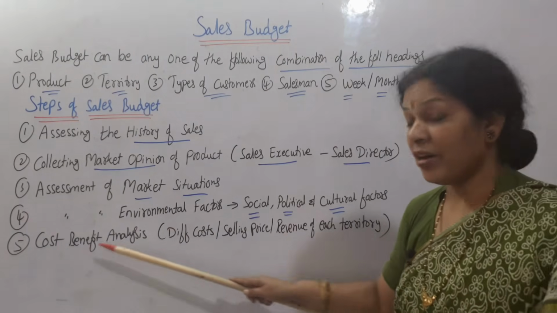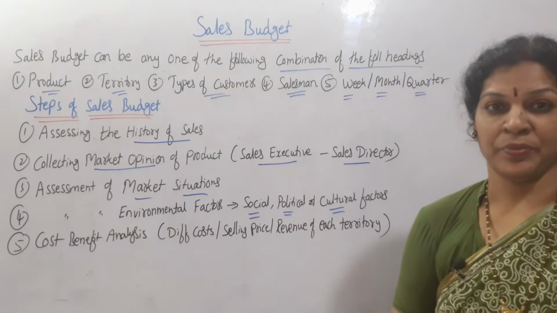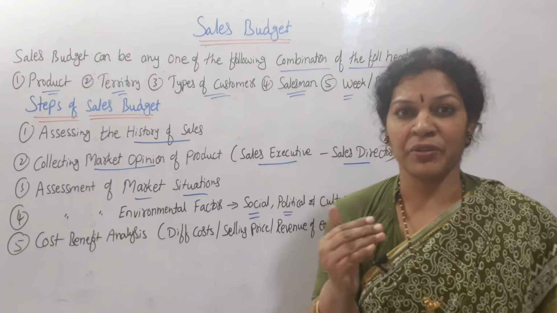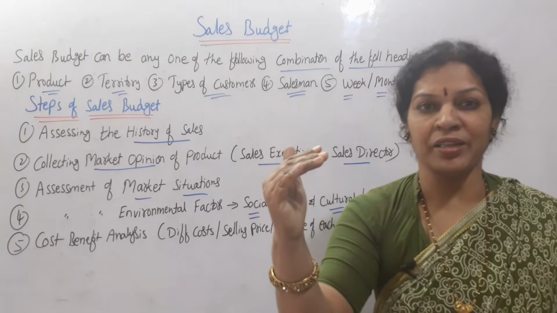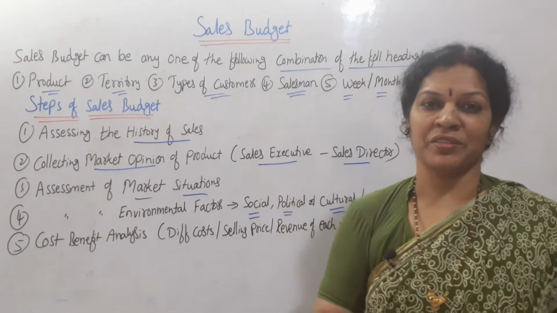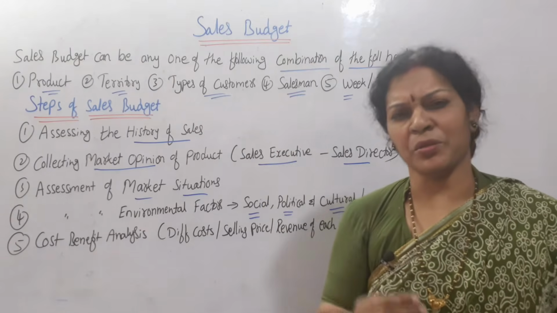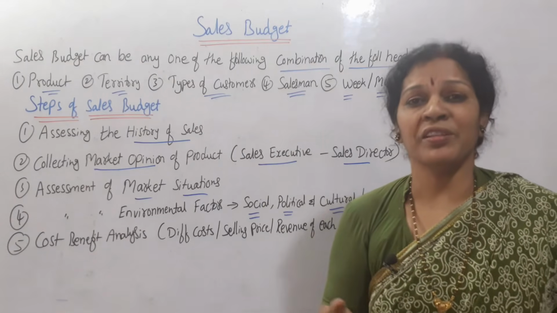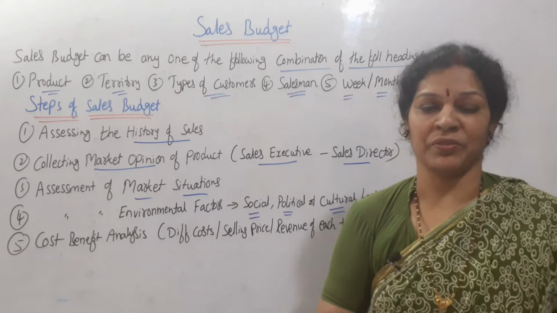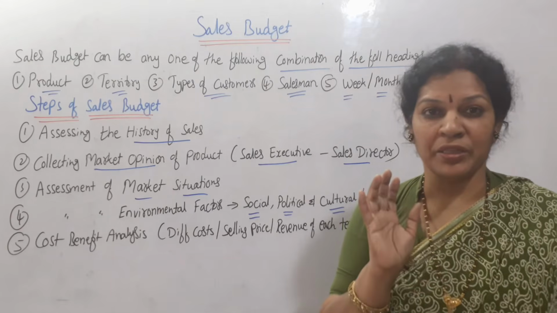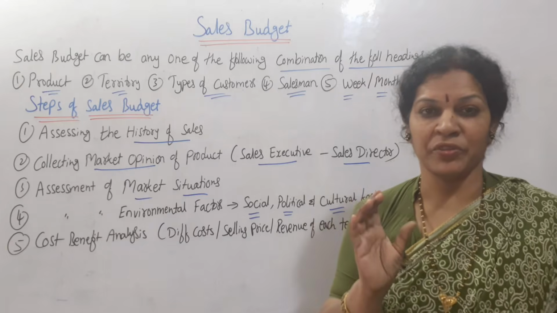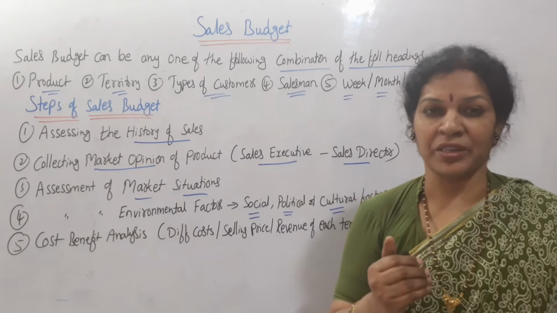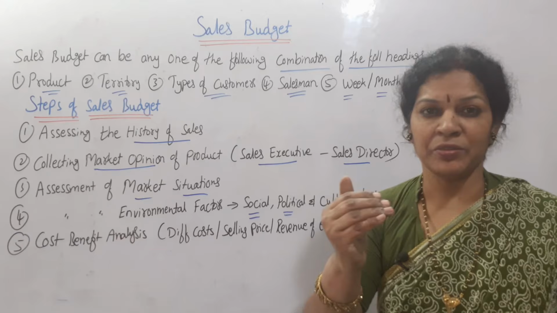And lastly, cost benefit analysis. The cost we fix is going to make a difference to the sales. If cost is high, sometimes sales will be less. If cost is low, though sales are more, you won't get much profit. What should the price be, and how much sales will we get? If we increase the price, what would the sales be?